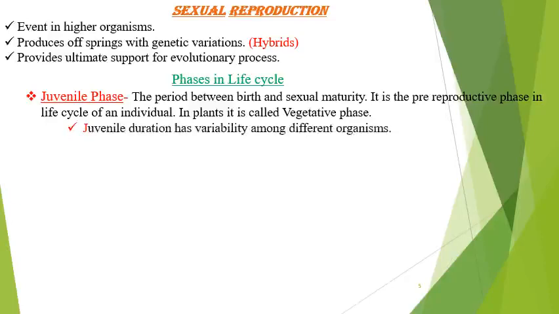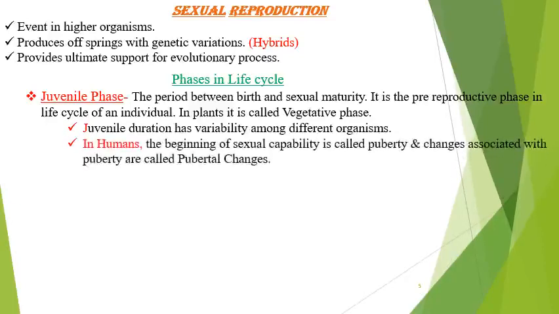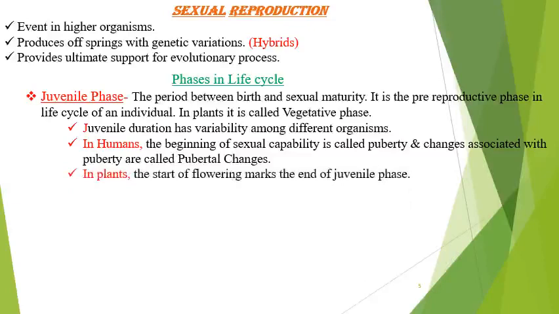Juvenile duration varies among different organisms, and in humans, the beginning of sexual capability is called puberty, and changes associated with puberty are called pubertal changes. In plants, the start of flowering marks the end of the juvenile phase.